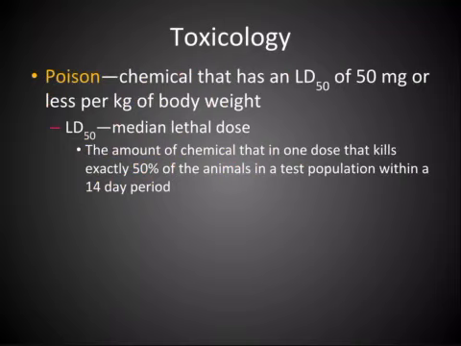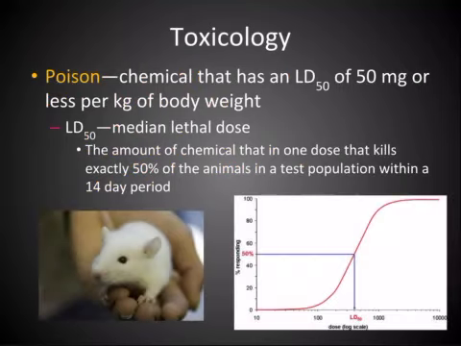So it's the amount of chemical in one dose that kills 50% of the animals in the test population, usually within a 14-day period. A lot of times we use mice and rats to test because the way their bodies metabolize toxins is very similar to how human bodies do. So we can estimate what the lethal dose would be for humans as well.